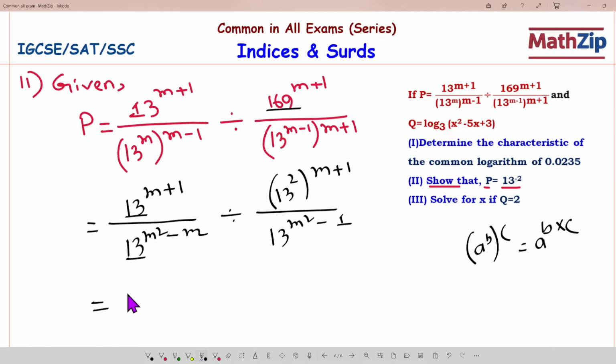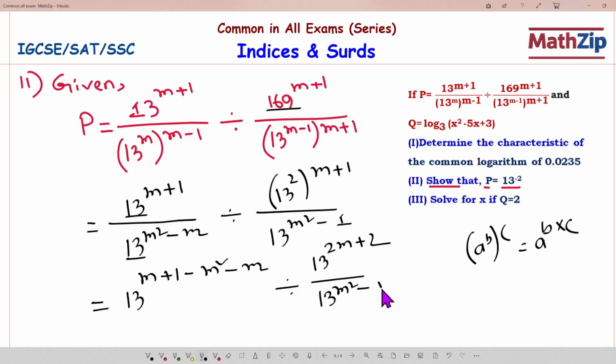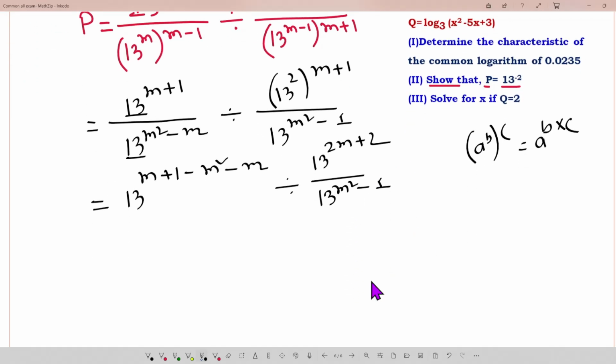So we can write 13 to the power m plus 1 plus m square minus m, and here is the division sign. And this one also the same thing, we can write 13 to the power 2m plus 2 divide 13 to the power m square minus 1, right?